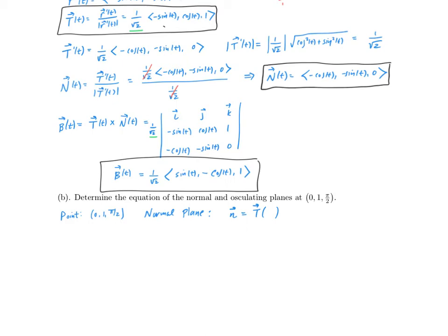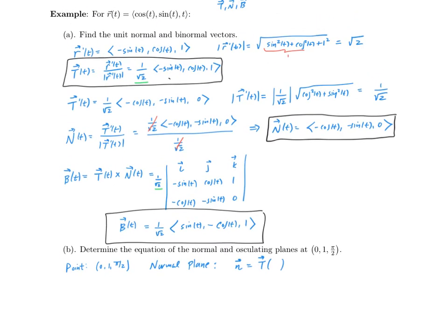And I'm going to scroll up just a little bit so that we can compare with our vector valued function representing the space curve. I want to know what value of t will put me at this point. And we can specifically focus in on that third component.